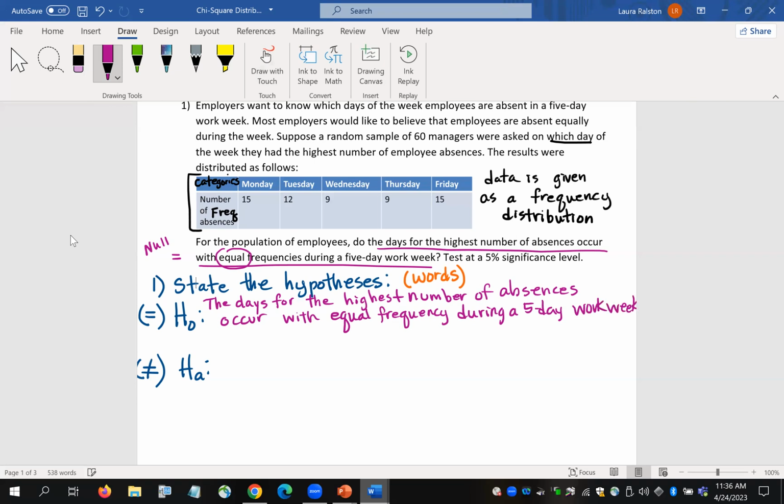Okay, I literally took the question and wrote it out as a statement, and because it says equal frequency, it is the null.